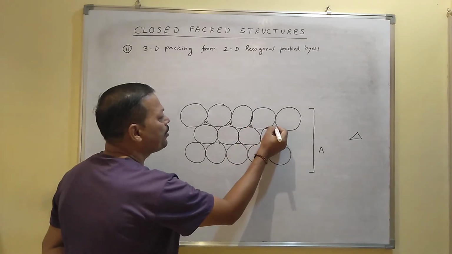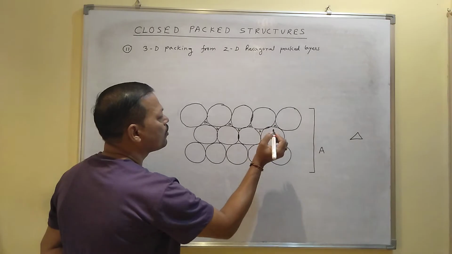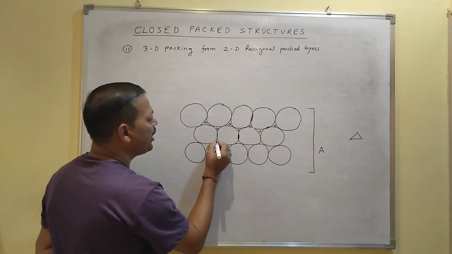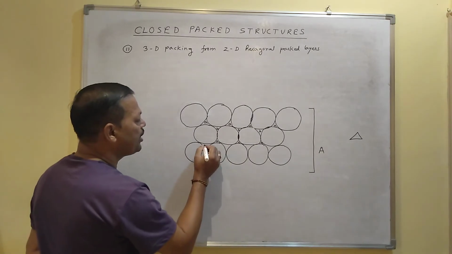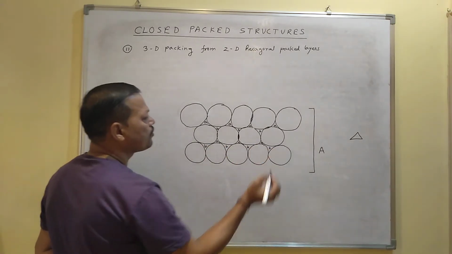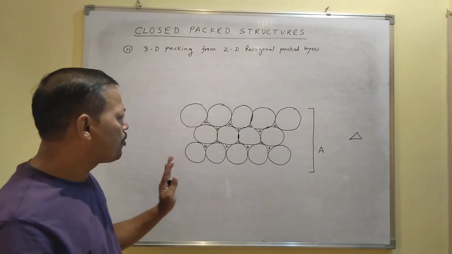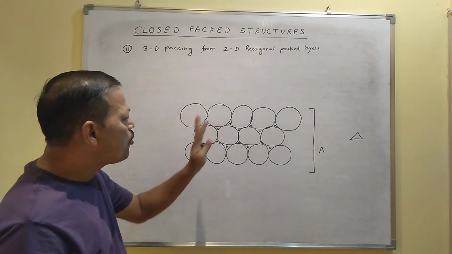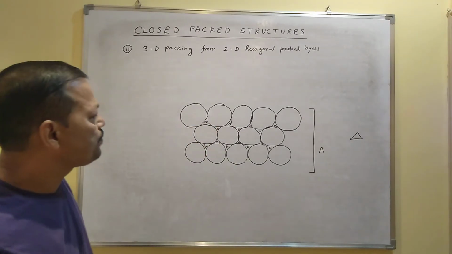These are A voids, these are B voids, these are again A voids, these are again A voids, and these are again B voids. So these voids are all triangular in shape. Some voids we marked as A and some voids we marked as B.